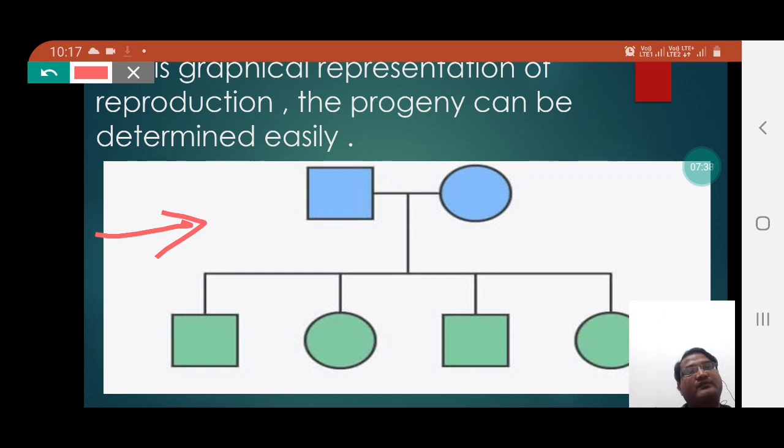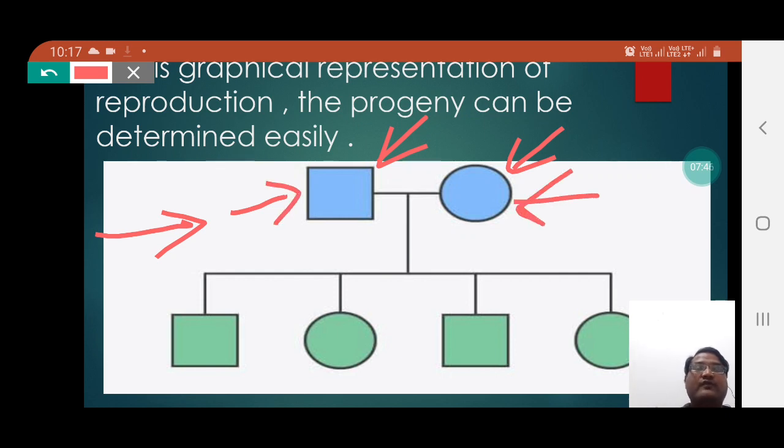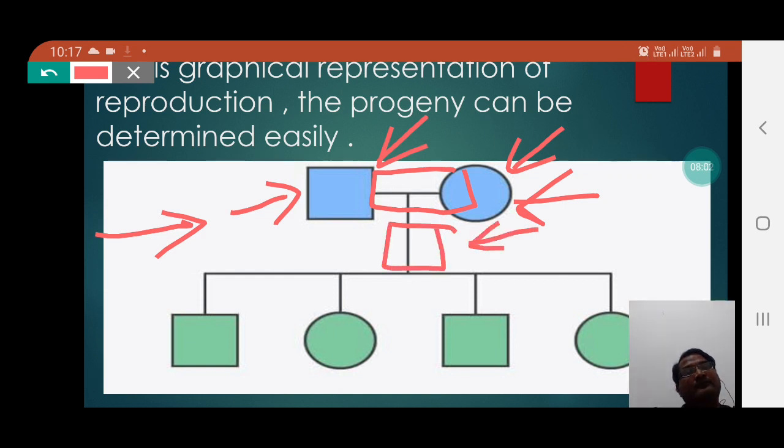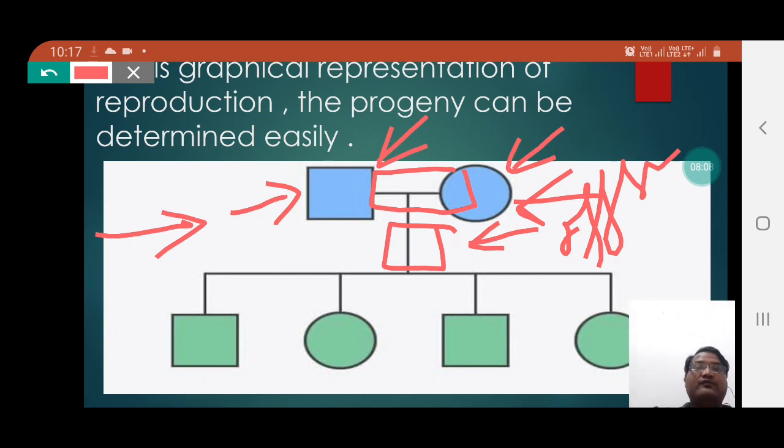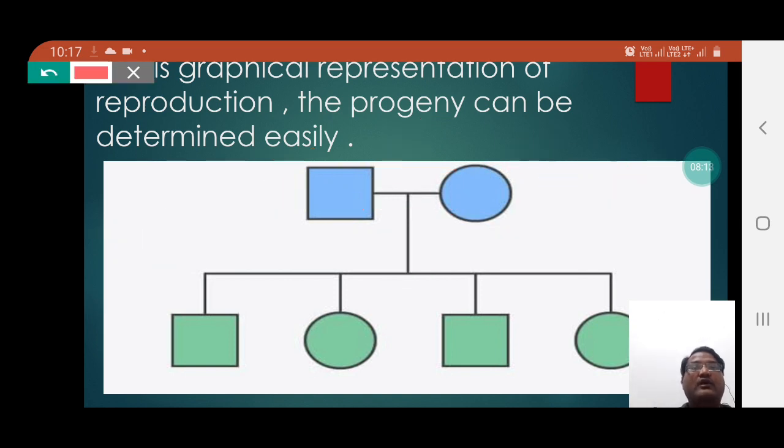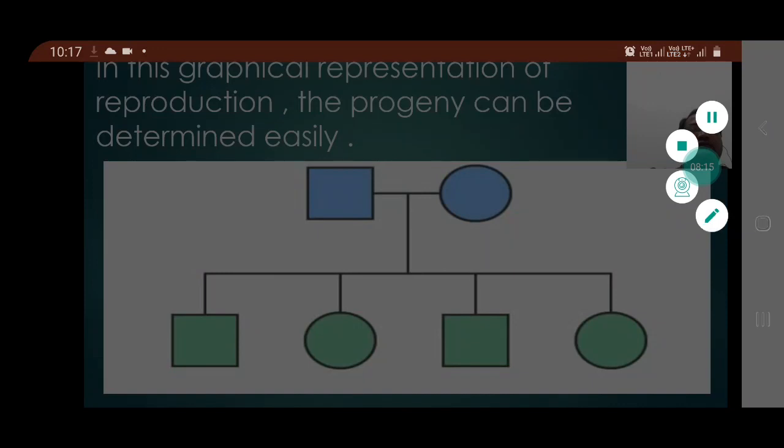So students, here with the first rule of pedigree analysis, we can know that one is a male and the other is a female, because the square represents male and the circle represents female. The horizontal line represents mating or reproduction between the male and female, and the vertical line shows the offspring, that is the children. Here you can notice that whatever traits the male and female have are not transmitted to the children.